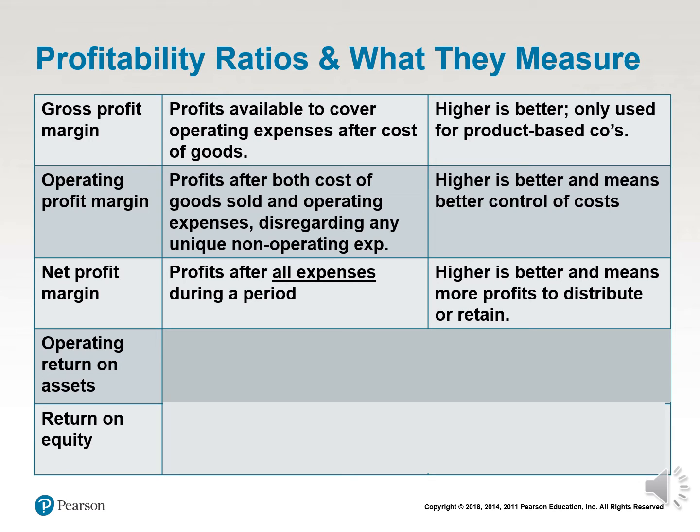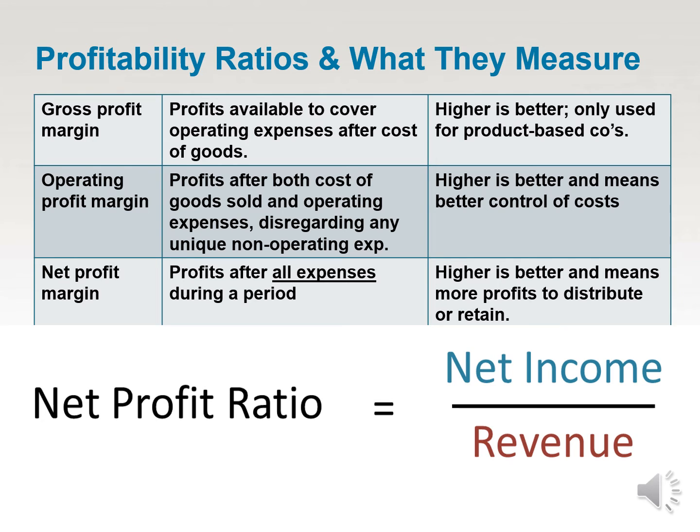Some service businesses can have a profit margin closer to 50 or 60%. You calculate your net profit ratio by taking your net income and dividing it by your revenue. Remember that net income is your sales minus your cost of goods sold minus your operating expenses minus any non-operating expenses.